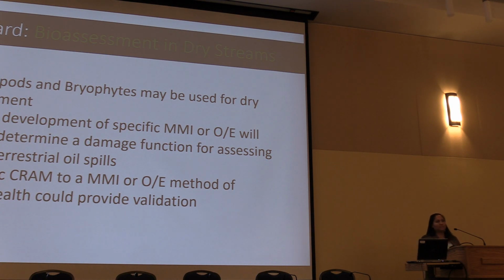Hey, nice talk. Curious about the invertebrate or the arthropod methods. Did you try to break out the metrics for the pitfall samples and the vegetation samples? And if you did, did you see differences in their responsiveness?